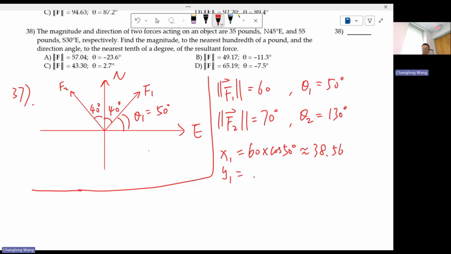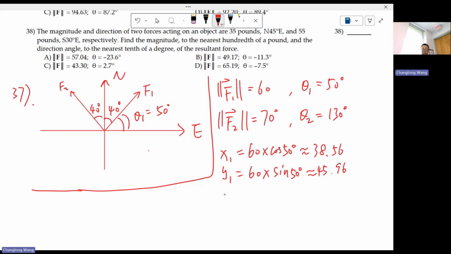So y1, that's the rise of F1, will be 60 times sine 50. That's 45.96.